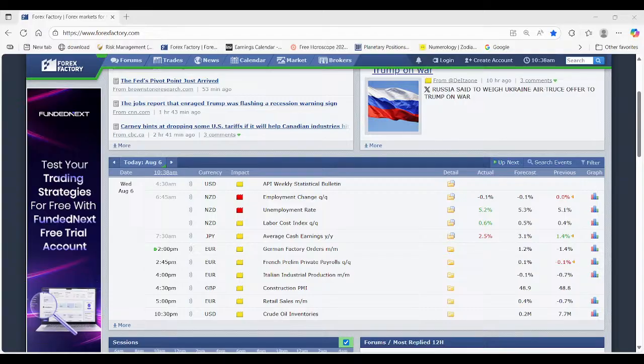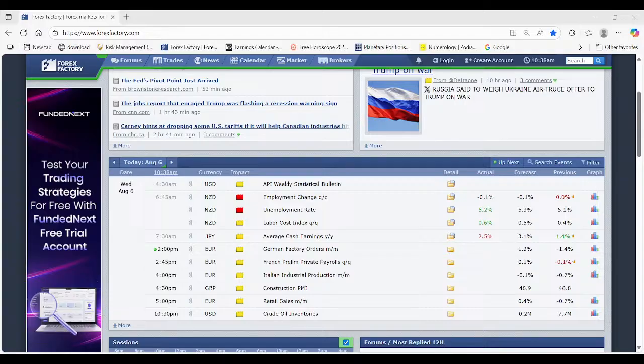Forecast was 5.3 and came out to be 5.2. Then we also have an employment change quarter on quarter. Forecast was negative 0.1 and came out as expected. And we don't have any other important data except for US crude oil inventories, which is out at 22.30. Okay, so these are the key data that is going to be out.